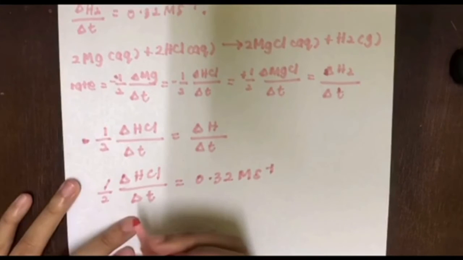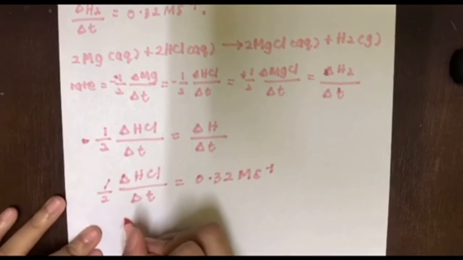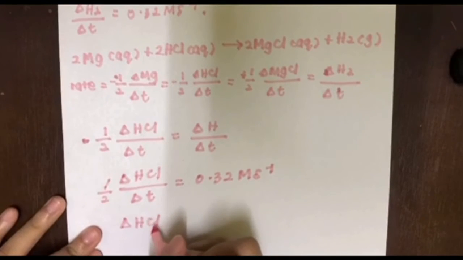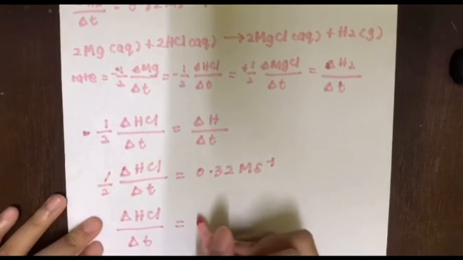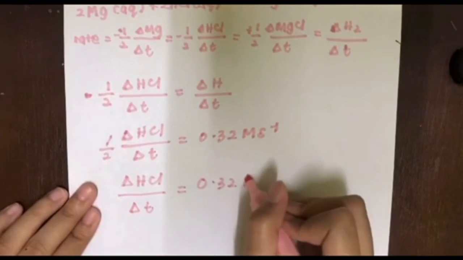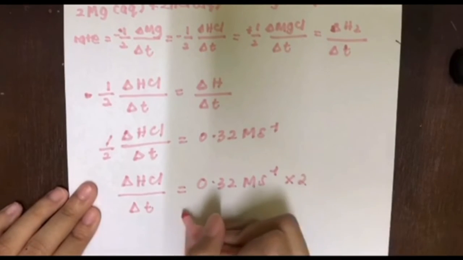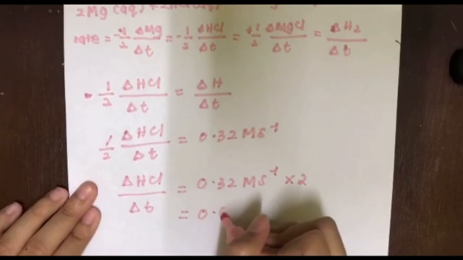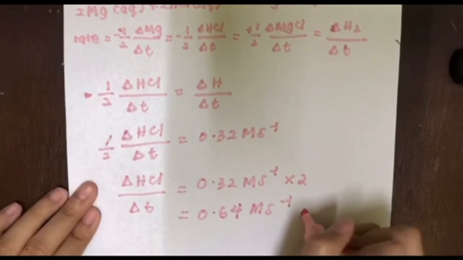We know that 0.32 meter per second is the concentration rate of hydrogen gas. To get the rate of depletion of hydrochloric acid, the 1/2 is moved to the right and it will be multiplied, and 0.32 multiplied by 2 is 0.64 meter per second. Thank you.